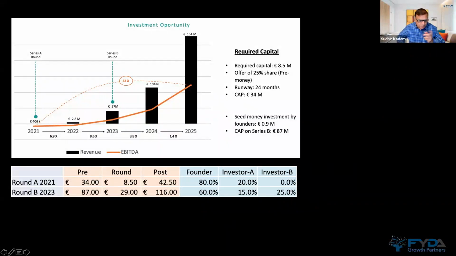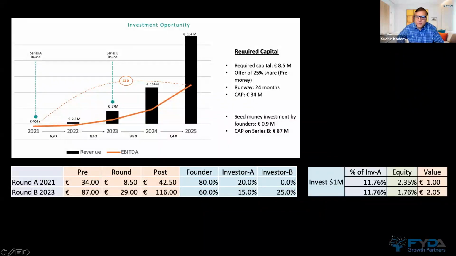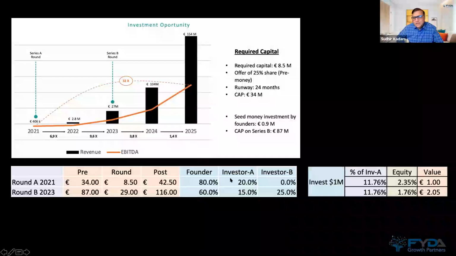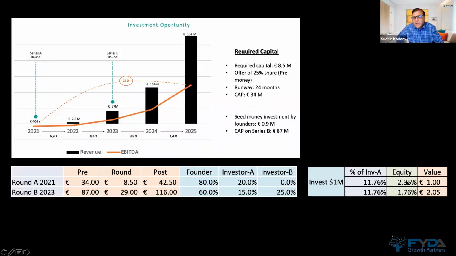But just as a general rule, let's say investor B comes in and says 25 million. If I decide to invest 1 million in this company, the equity that I get is 2.35% in this bunch of investors A, for the 1 million euros that I'm investing.